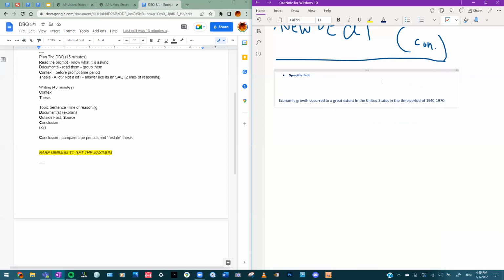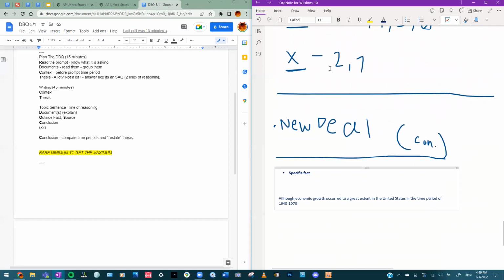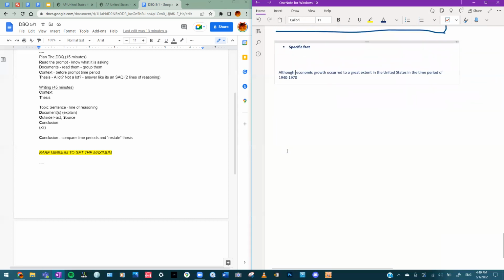And so that's our claim, but that's not enough. We need to have lines of reasoning. So we can say although, we need to say although first because we have kind of a contradicting thing, remember, because some said it didn't. Although some racial prejudice, I'm not going to even try to say that word. Sorry about that. Prejudice. I know that word. I don't know why my brain's not knowing what it's pronounced like.